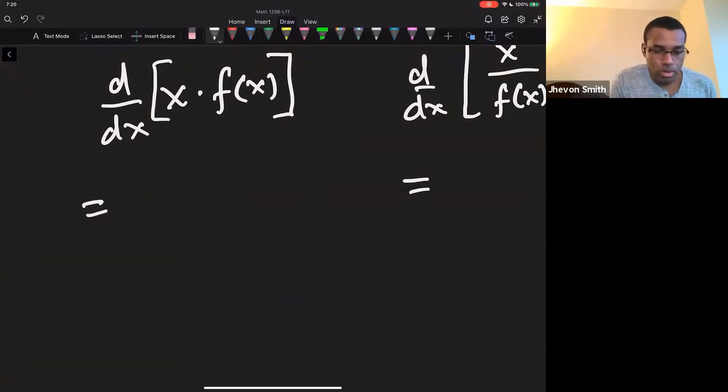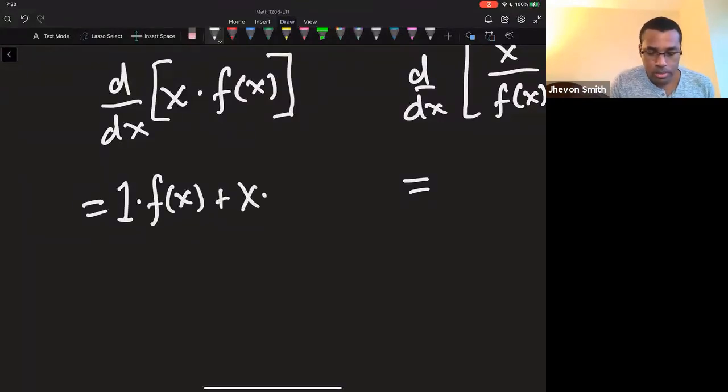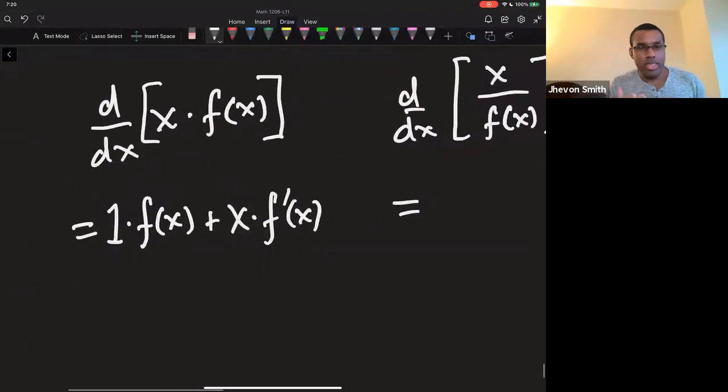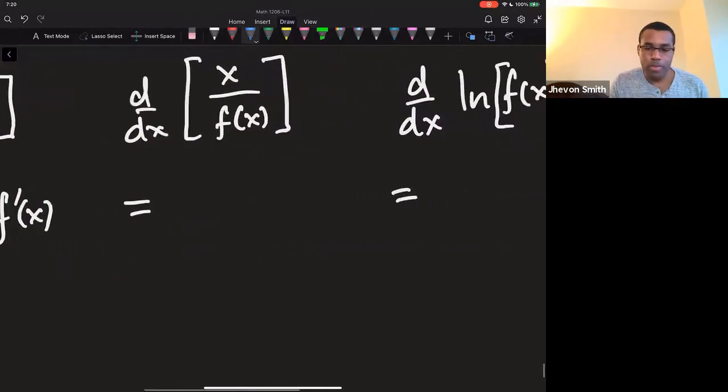So I would take the x, differentiate it, leave the function alone, plus leave the x, and differentiate the function. All right, cool. You don't really see where the chain rule is happening here, but technically it did. Technically there was a 1 that's happening here, but let's not worry about it too much.